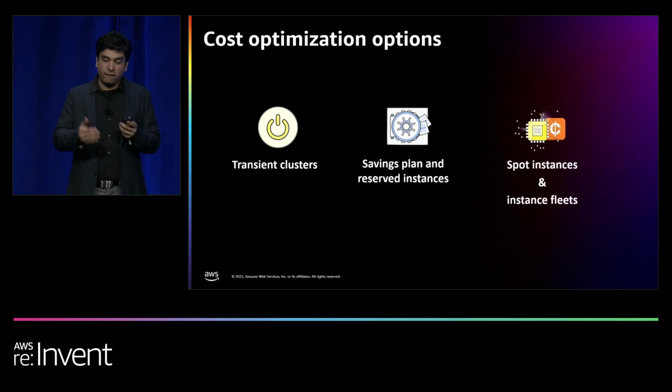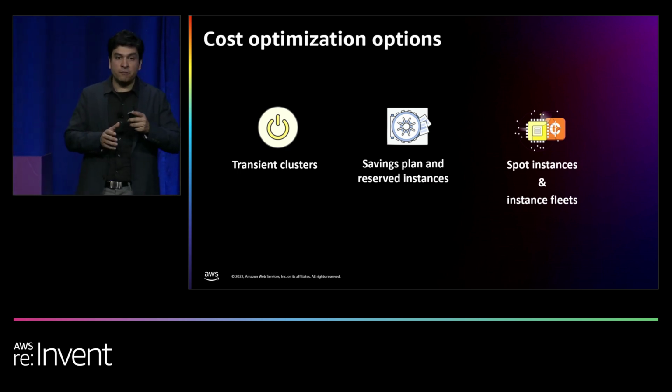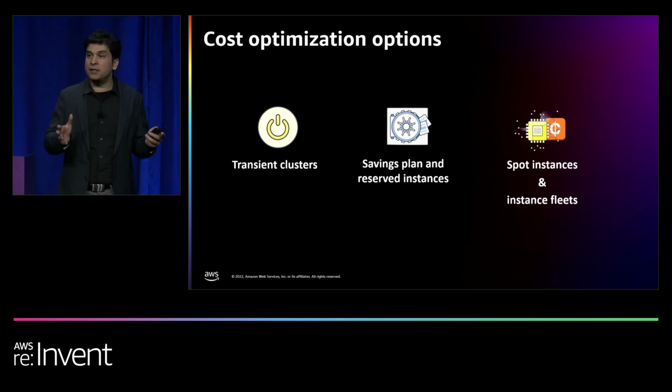And if that node goes away, Spark will allocate new tasks to healthier nodes. So there's no interruption to your jobs. In fact, we see less than 5% of workloads are interrupted by spot instances. So highly recommended. Look into using spot instances, or at least a mix of spot and on-demand instances, for your workloads. And that can make a significant difference in cost.